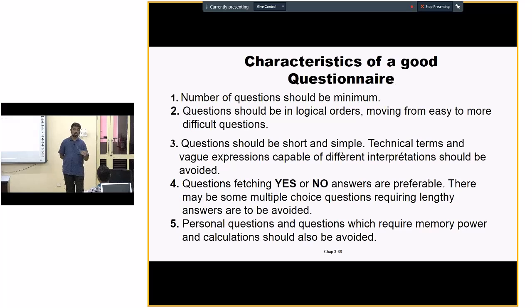Sometimes we ask what is the percentage of expenditure for education. It is difficult to calculate, whether 10% or 20%. But if we ask what is the total expenditure and what is the amount for education, you can calculate it, or otherwise we can use our package for calculating them.